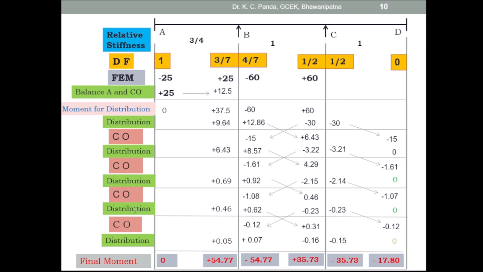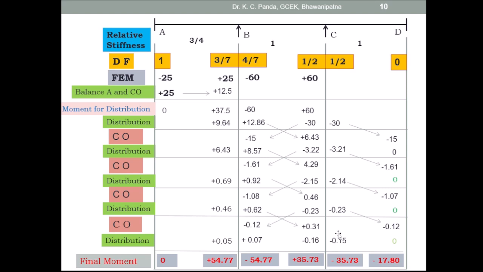So this is the balancing the moment at the joint B, C and D. Then again you go for the carryover of the moment. So half of this moment will carry over to this side, half of this moment will carry over to this side, and half of this moment will carry over to this side.